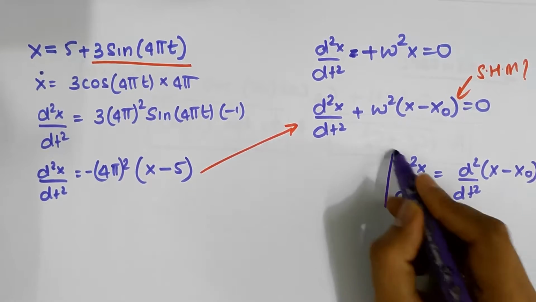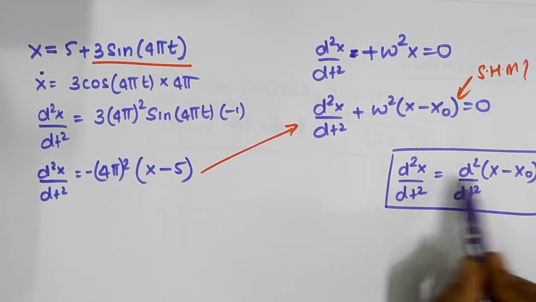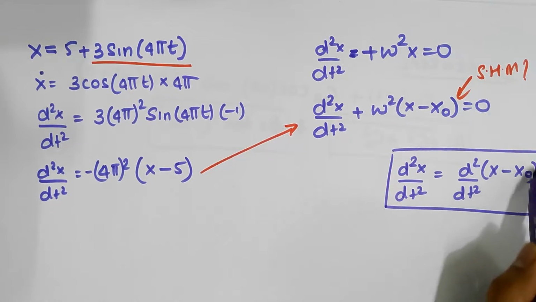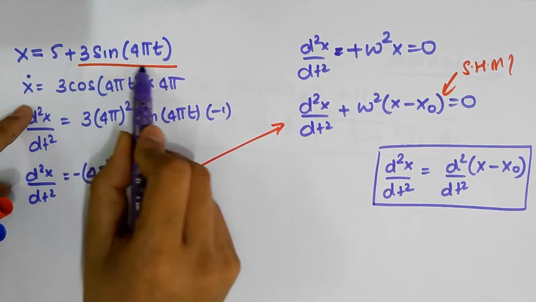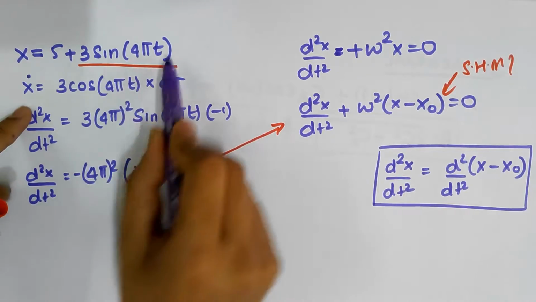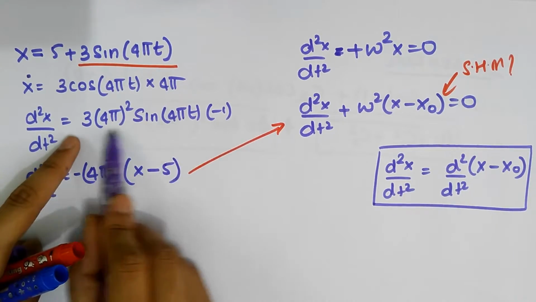They must be the same thing, because when you differentiate either this one or that one, this thing goes to 0, so you end up with the same answer. So just imagine, if you are only differentiating 3 sine 4 pi t, don't you think you'll end up with exactly the same answer?